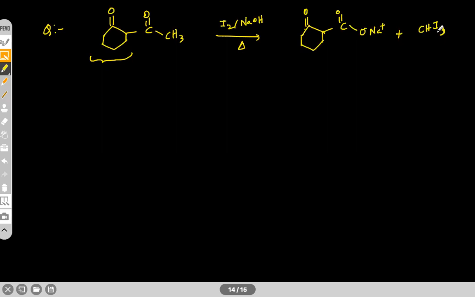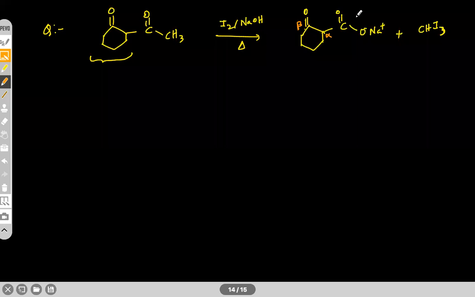So first of all, it shows the iodoform test. Now, if you look at this reaction, this molecule is alpha and beta. It is a beta keto carboxylate ion, or beta keto acid we do not have.